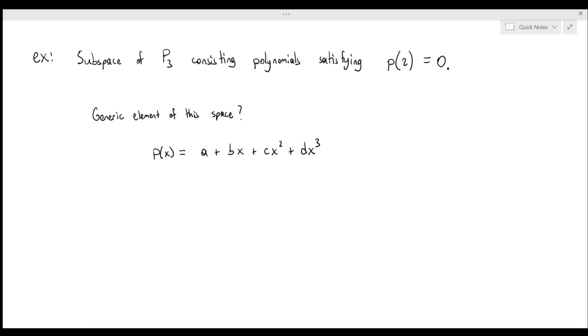All right. But now, in addition, it also has to satisfy this equation. So let me see what this equation will say about this polynomial here.